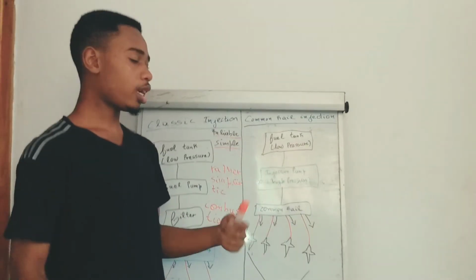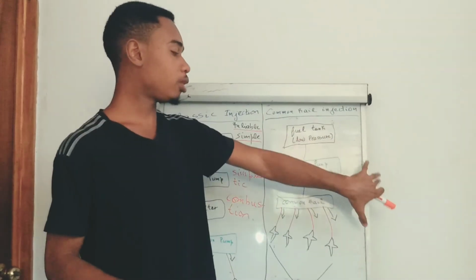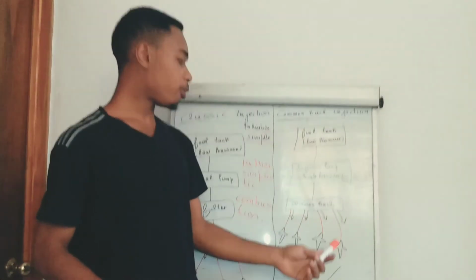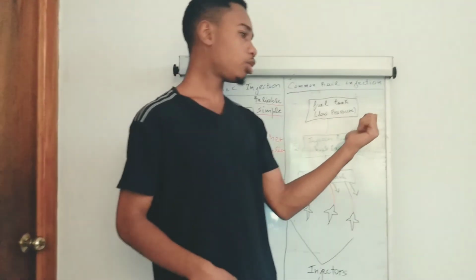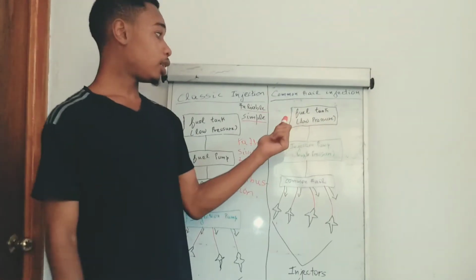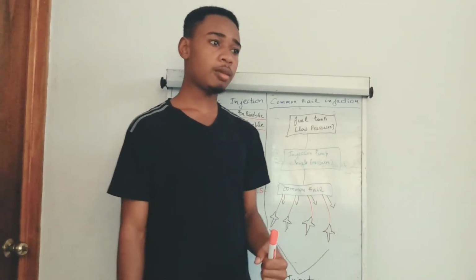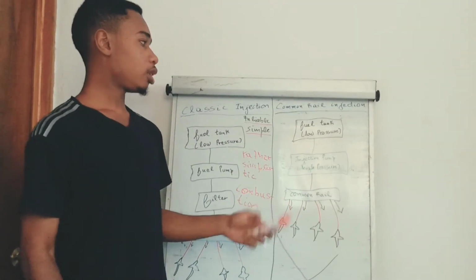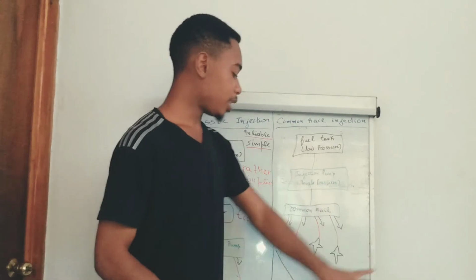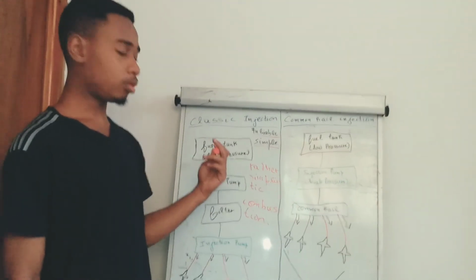I mean, when they actually allow pre-injection before the third stroke of the four-stroke engine. Therefore, they came up with pre-injection because it helps the engine to be quieter than this one over here.